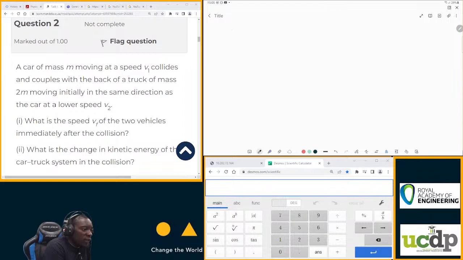So the speed Vf of the two vehicles immediately after the collision will be such that, by conservation of momentum, m times v1 plus 2m times v2. So the mass of car 1 is m, the velocity is v1. The mass of car 2 is 2m, the velocity is v2.